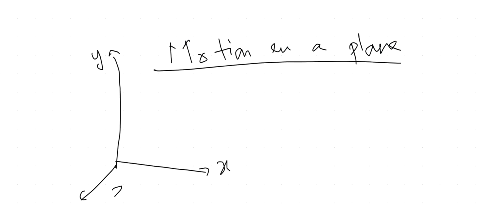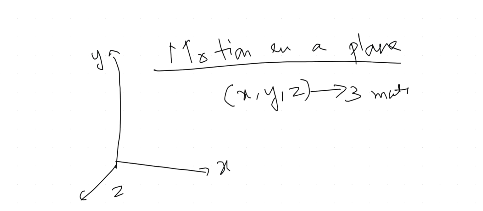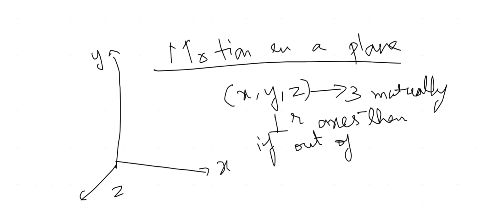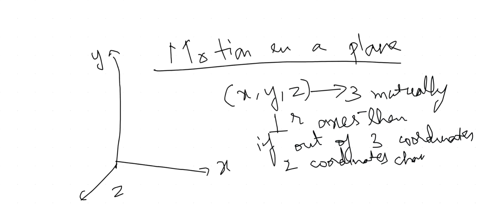In a three coordinate system, if x, y, z are three mutually perpendicular axes, then out of the three coordinates, if two coordinates change their position with respect to time, that is called motion in a plane.